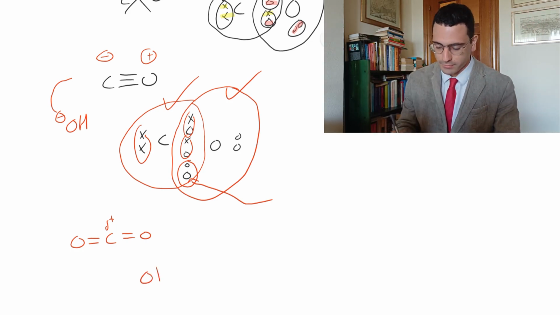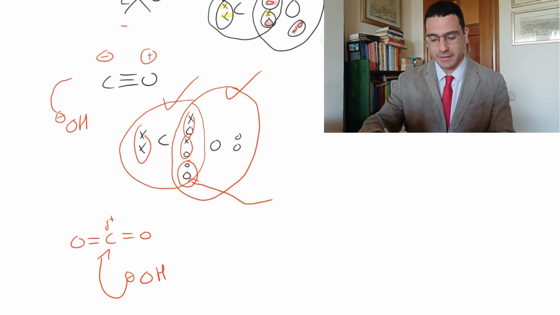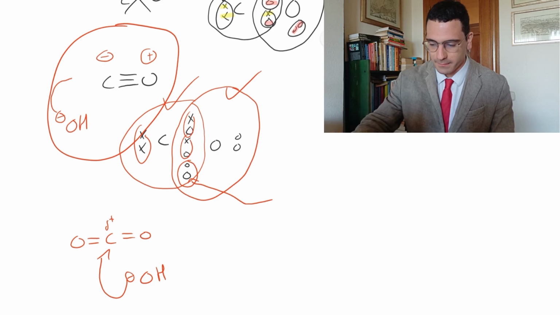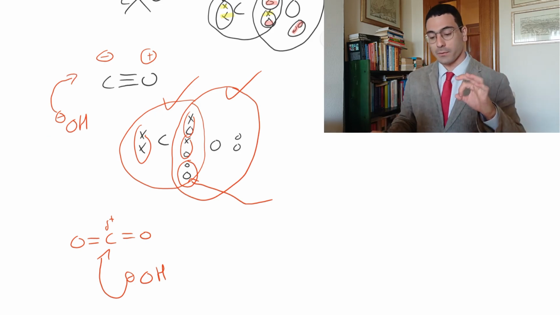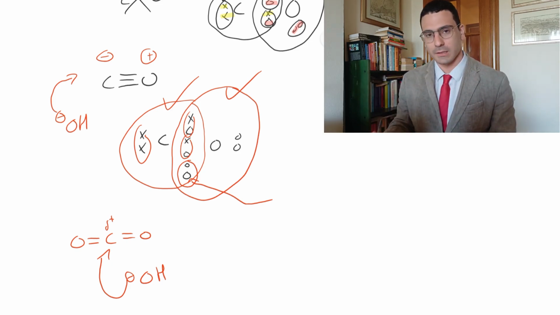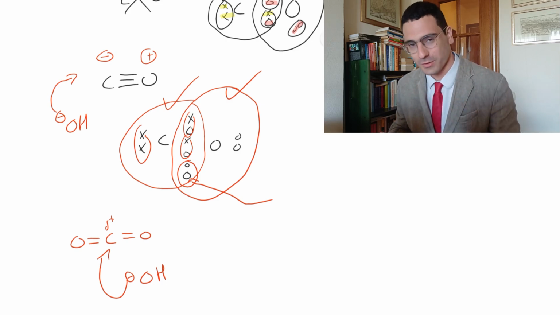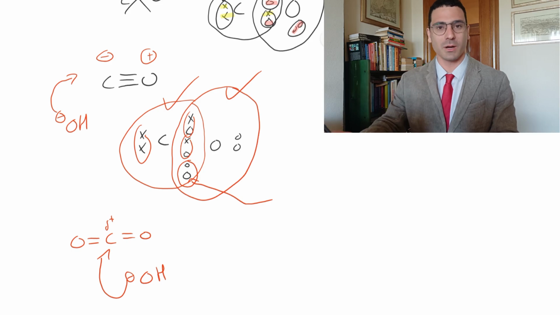So if I draw a hydroxide ion, it's very happy because negative really likes positive. But look at the situation above. Look at this here. The negative hydroxide ion is going to repel the negative, so to speak, carbon, which is why carbon monoxide is a neutral oxide, not an acidic oxide, like its close relative carbon dioxide.